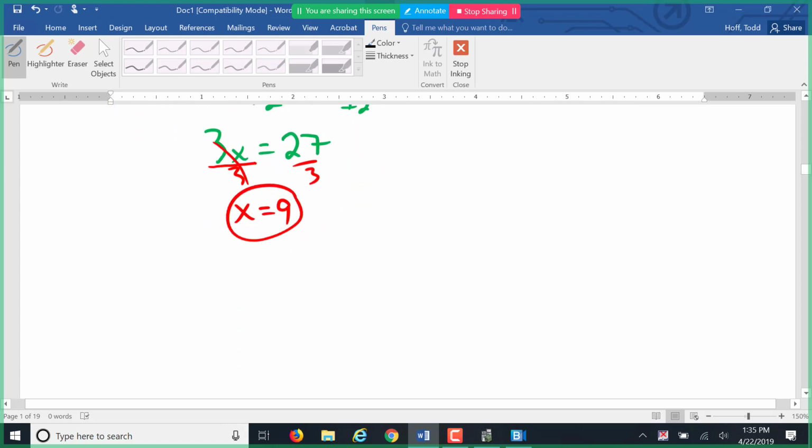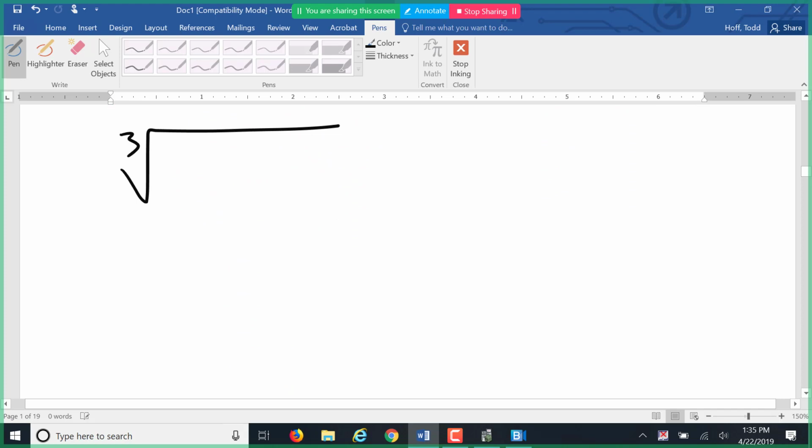This works with other radicals as well. The third root of 2x minus 7 equals 5. The opposite of the third root is a power of 3.